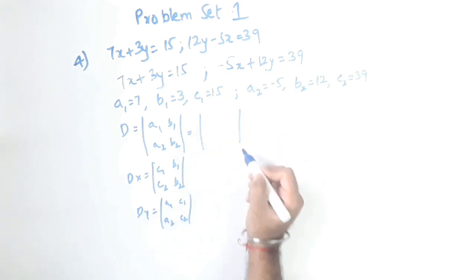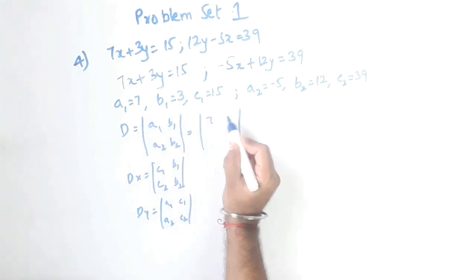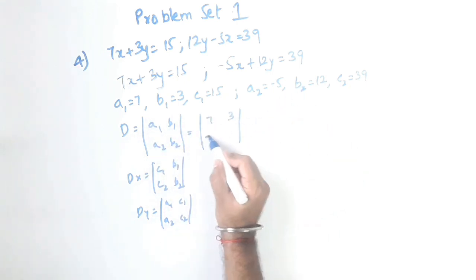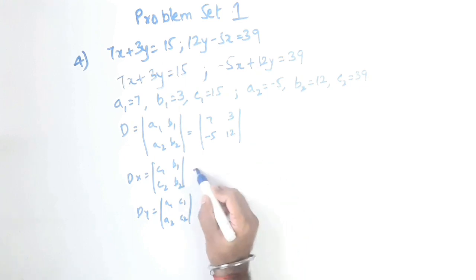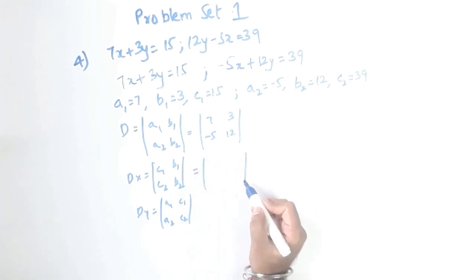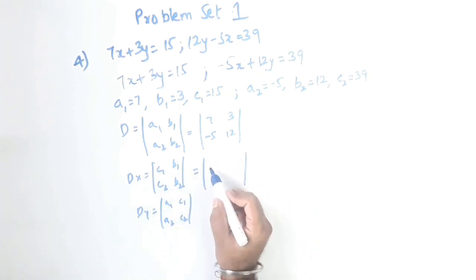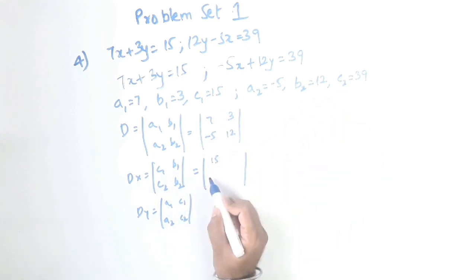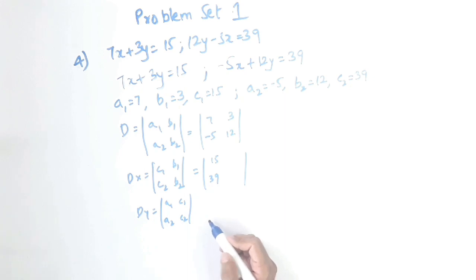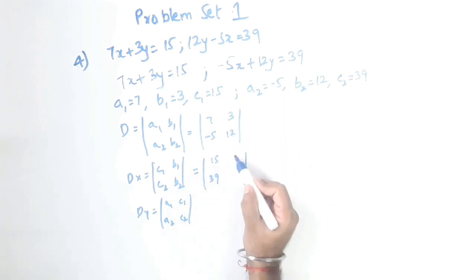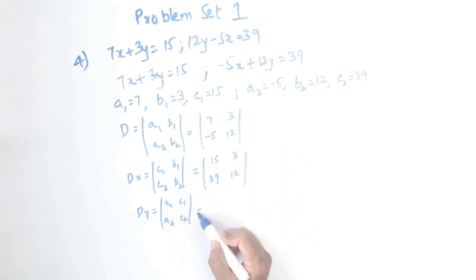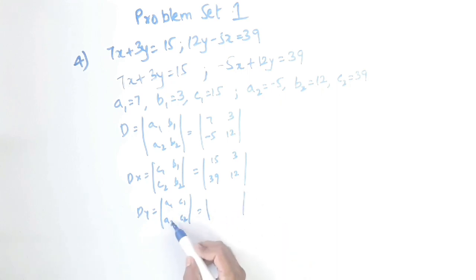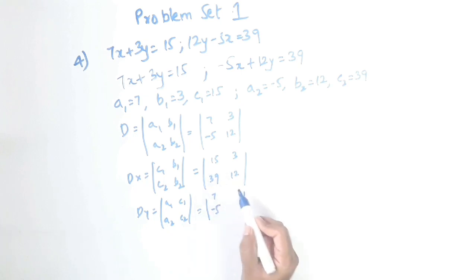Substitute the values. a1 b1 is 7, 3, a2 b2 is minus 5, 12. dx is c1 c2 I'll write first, 15, 39. And b1 b2 from here I'll write 3 and 12. Now a1 a2 from here I'll write 7 minus 5, and c1 c2 from here I'll write 15, 39.